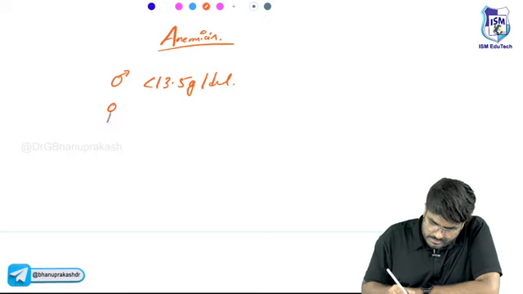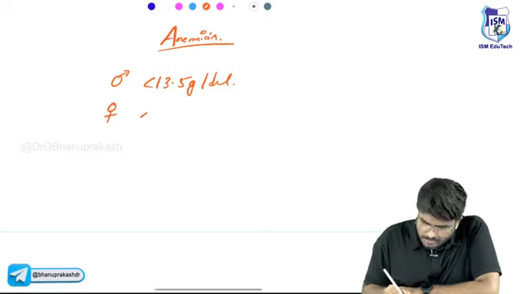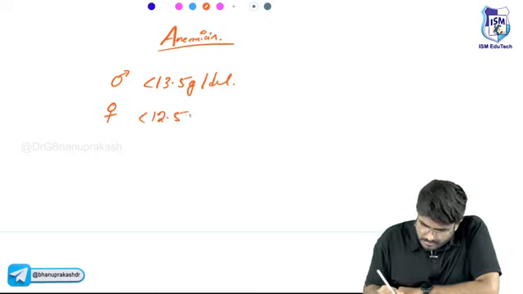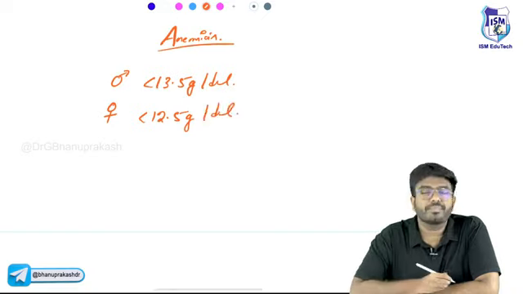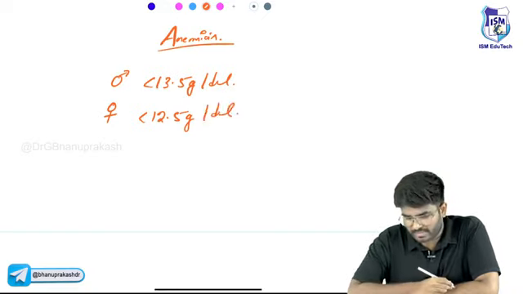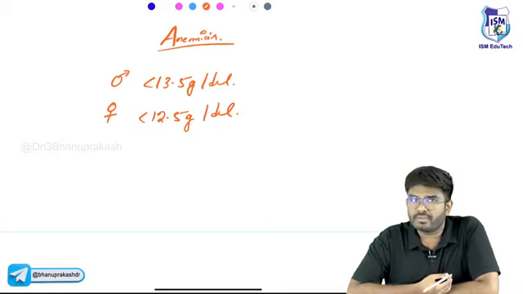The same in females: if the hemoglobin is less than 12.5 grams per deciliter, it is considered anemia in females.